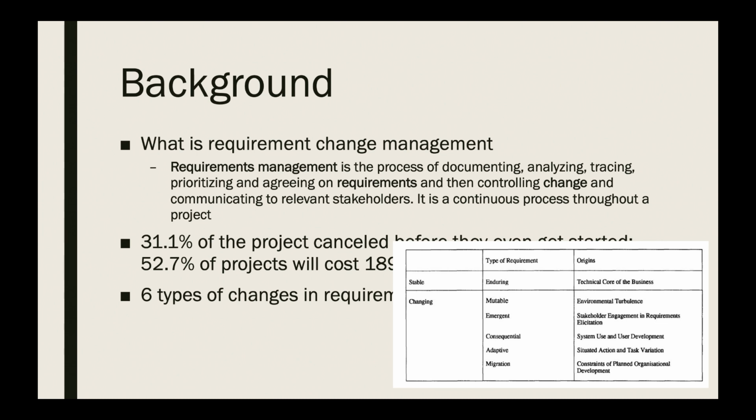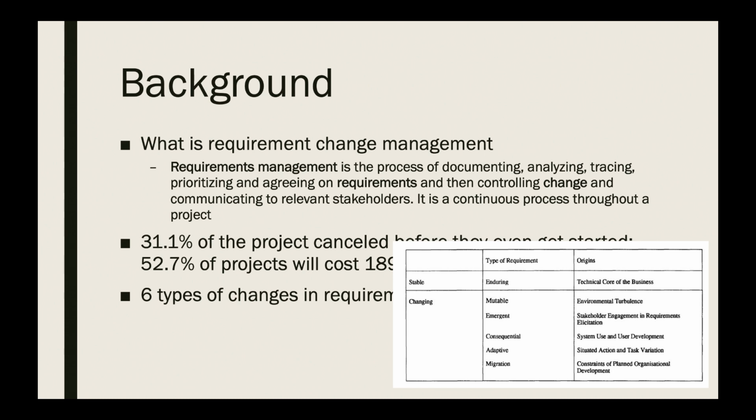Many factors could cause changes on a requirement, such as market changes, new opportunities added in, changes of government policies, or different structures and management practices being employed. The rest of the 5 types are emergent requirements, consequential requirements, adaptive requirements, and migration requirements.